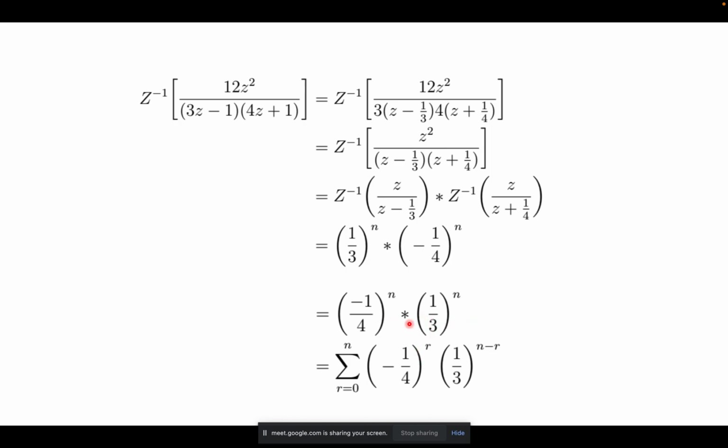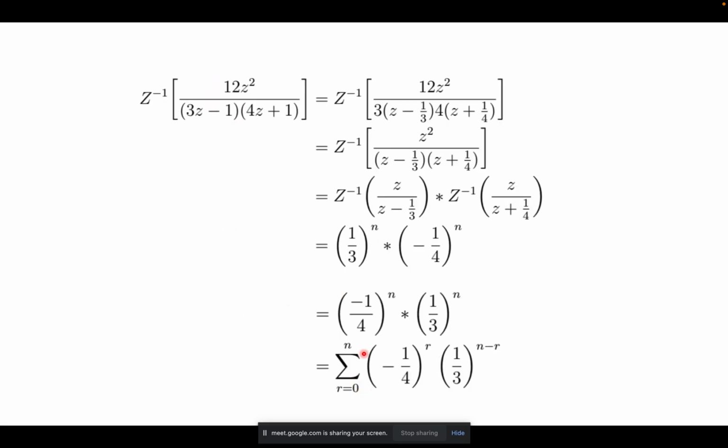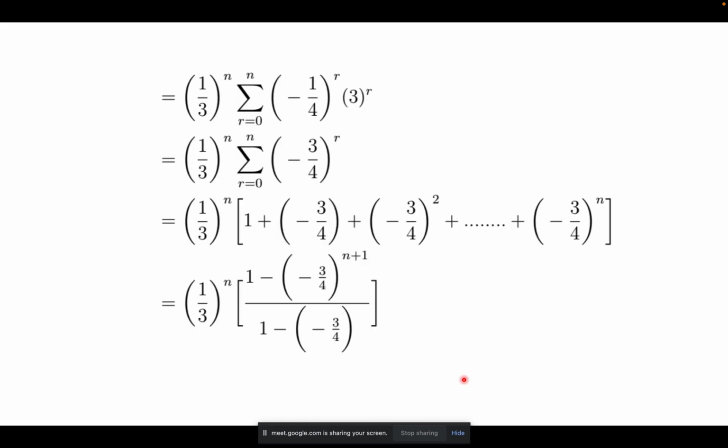Here I am just using the convolution property of two discrete sequences. Because this summation is on r, I can bring (1/3)^n outside, and write the summation from r=0 to n of (-1/4)^r times 3^r. I can again rewrite it as (-3/4) by taking the common power r outside.